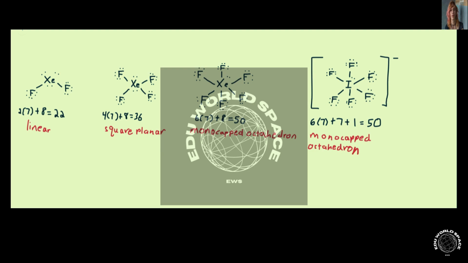And there we go. So remember, to do this kind of problems, you have to understand how to assign your electrons. You have to understand how to look at your electron domain geometry and relate it to your molecular geometry.